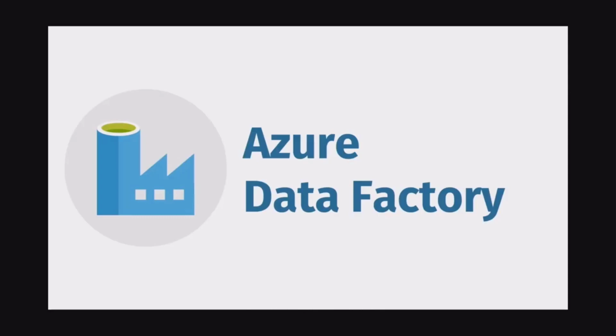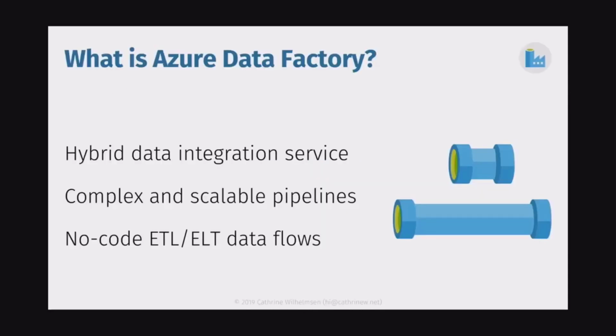So Azure Data Factory is a hybrid data integration service. And hybrid data integration service is kind of the Microsoft spiel on that. That just means that it can connect to on-premises and cloud sources, SaaS applications, pretty much out of the box. And I think there's over 80 different connectors right now that you can connect to and very easily move data.